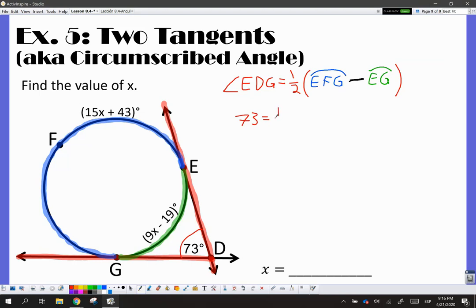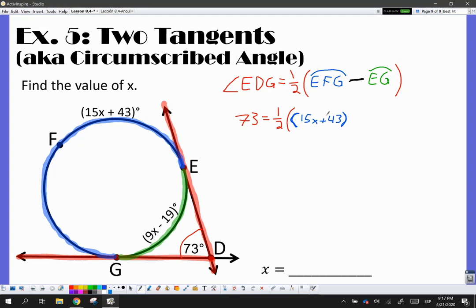equals 1/2. Now I have the major arc EFG. The expression for this arc is given as 15x plus 43. Now just for convenience right now, I'm going to leave this expression in parentheses. I don't really need the parentheses here for this expression because I'm not multiplying it by anything.